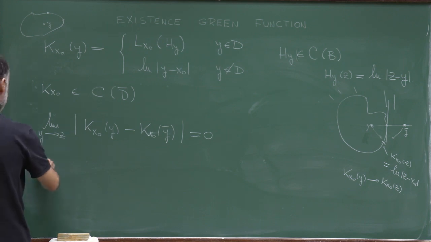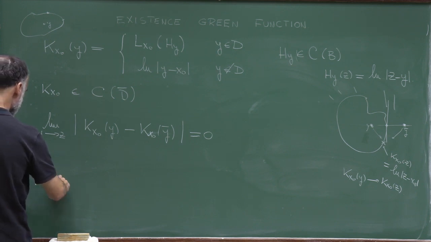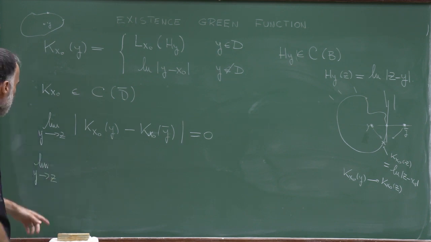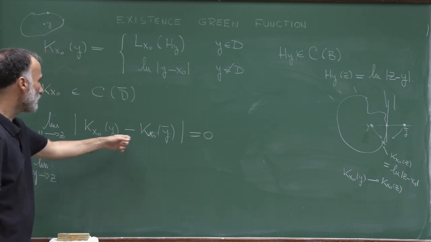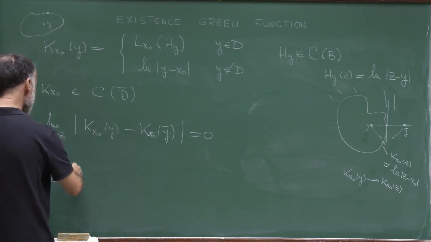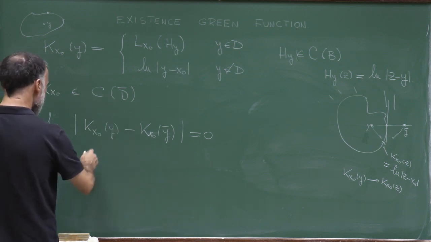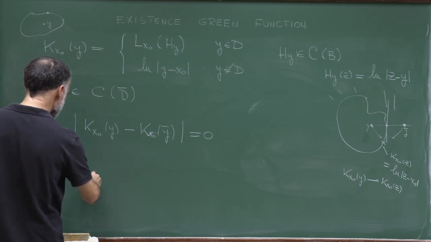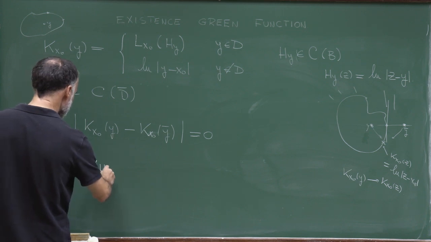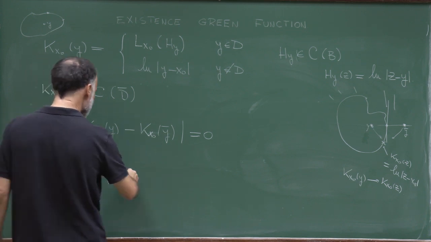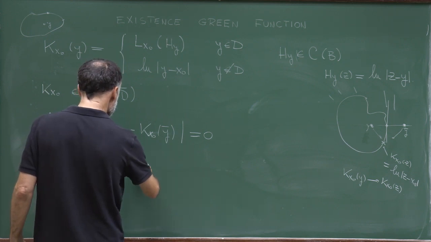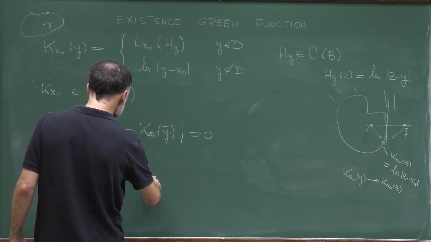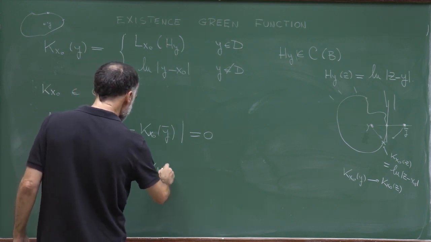So let's see what this is. I want to take y to z. So z is a point at the boundary, and I want to show that these limits occur. But by definition, k_x0 is l_x0 of h_y minus l_x0 of h_y bar.